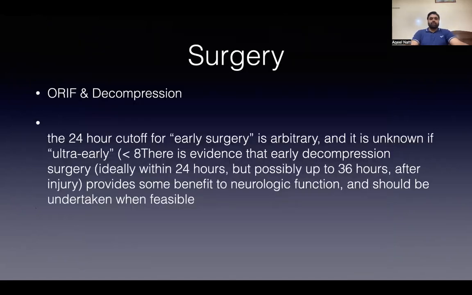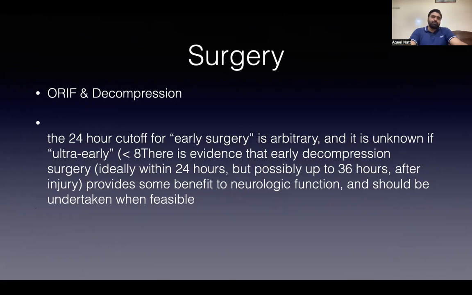And then if it's not reducible or compression is there, neurological structures are being compressed and the patient is having neurological deficits, you have to go for open surgery and decompress it.